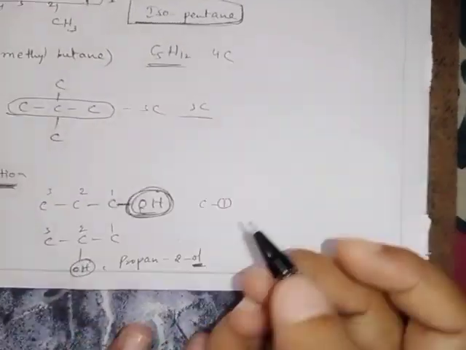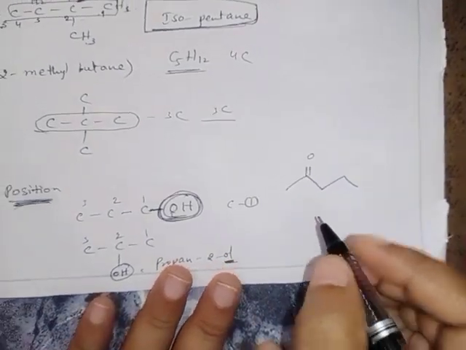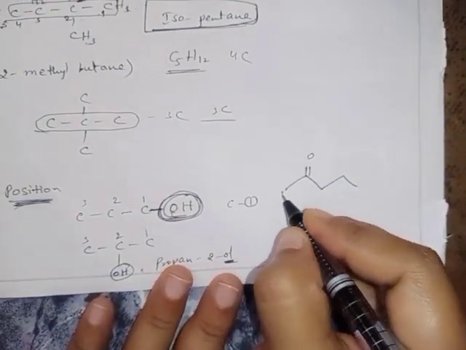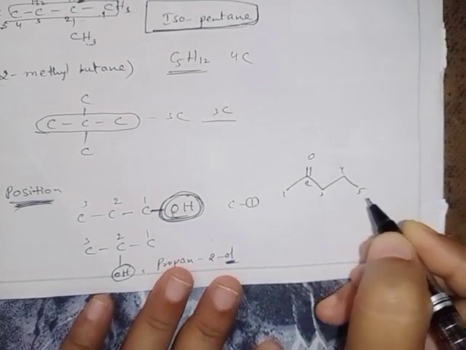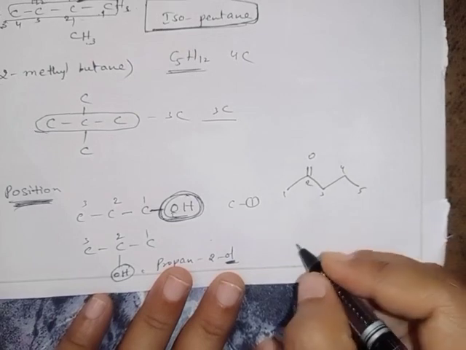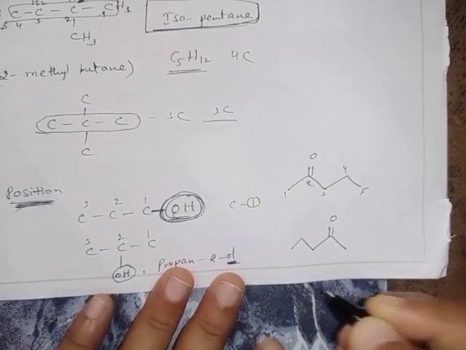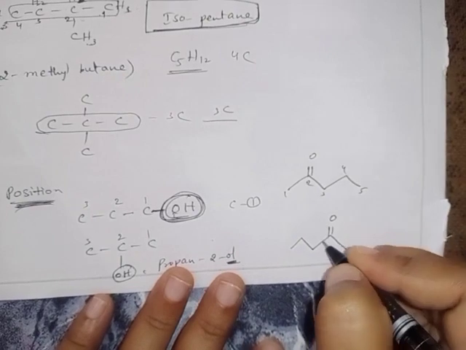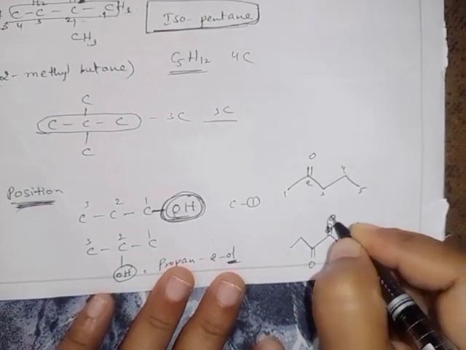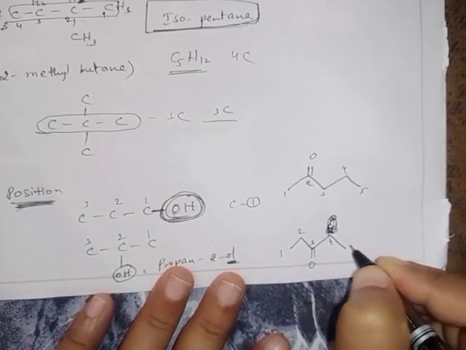I'll take one more example. This is a ketone, carbons 1, 2, 3, 4, 5. This is pentan-2-one. I'll change the position of the double bond O, and now it is pentan-3-one.